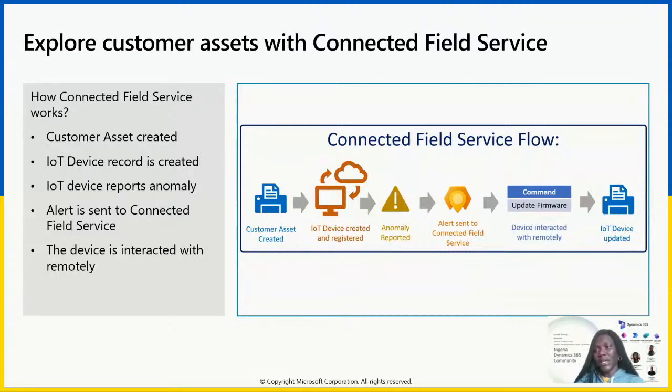And what happens then is that an alert is sent to the connected field service, and you can interact with the device remotely. You can run some commands from where you are to that device that can correct it.